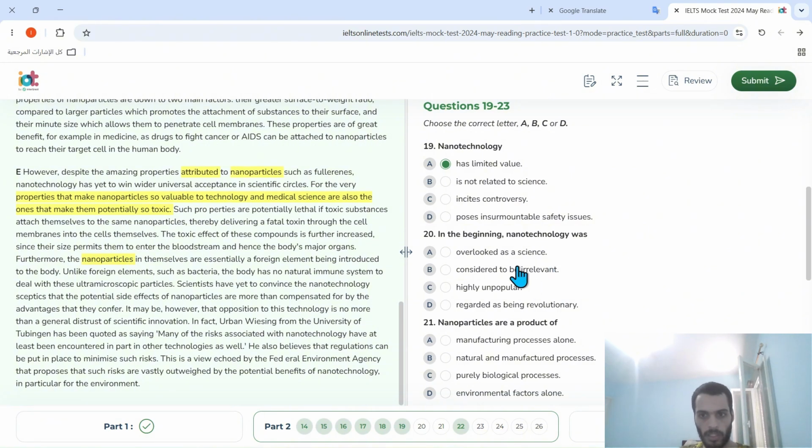In the beginning, nanotechnology was overlooked as a science, considered to be irrelevant, highly unpopular, regarded as being revolutionary.